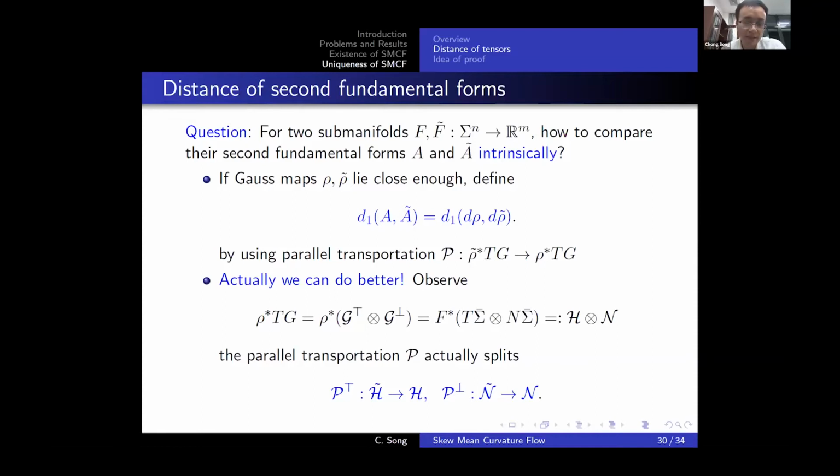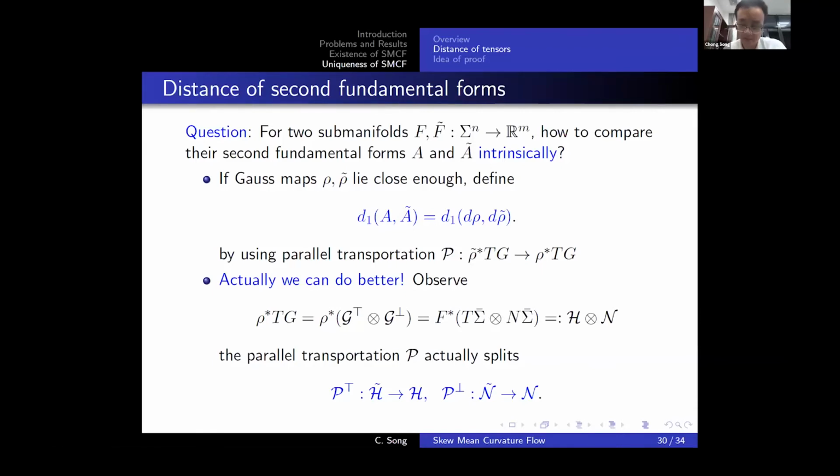So I define the difference of second fundamental forms by the distance of the differential of Gauss maps, where I use the parallel transport. Actually, we can not only define the intrinsic distance of a second fundamental form, we can actually do better. We can define the intrinsic distance of any tensor of the submanifold by using such an idea.